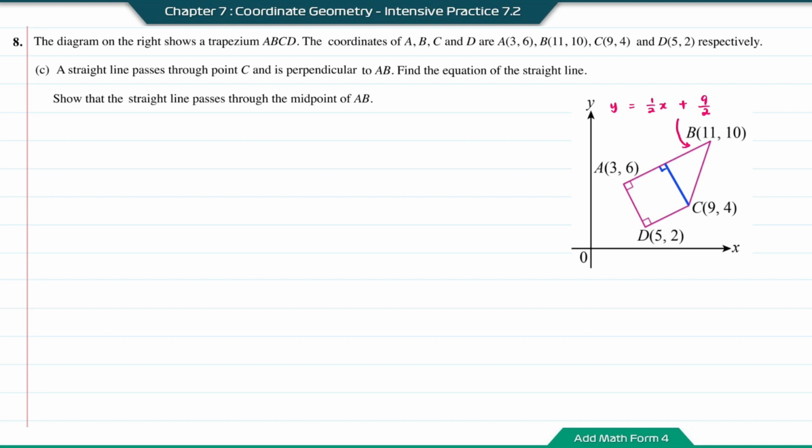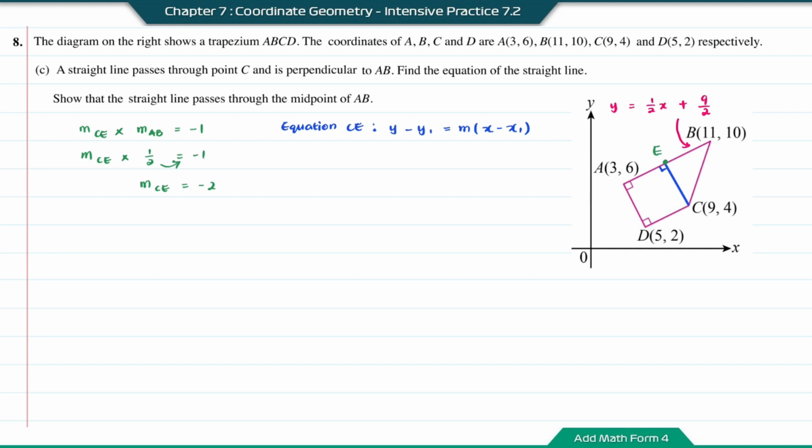Let's label the intersection point between the straight line and AB as the point E. So the gradient CE times 1 over 2 is equal to negative 1. Then the gradient CE is equal to negative 1 times 2, which is equal to negative 2.